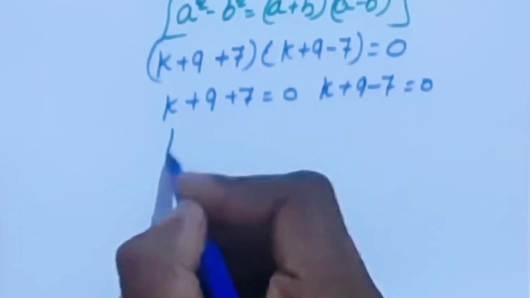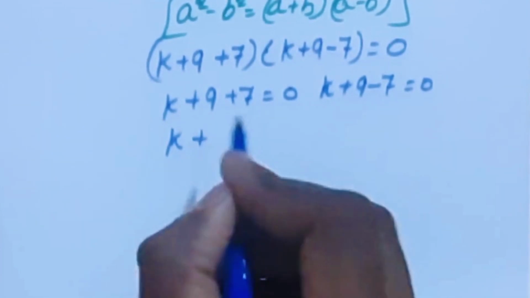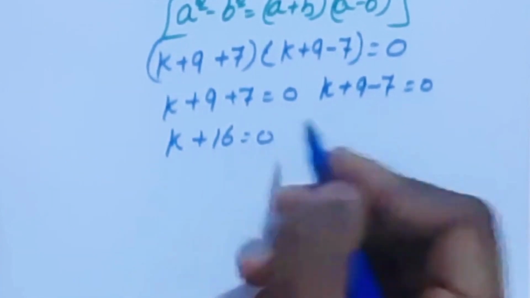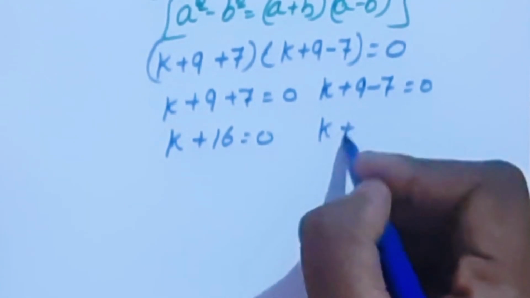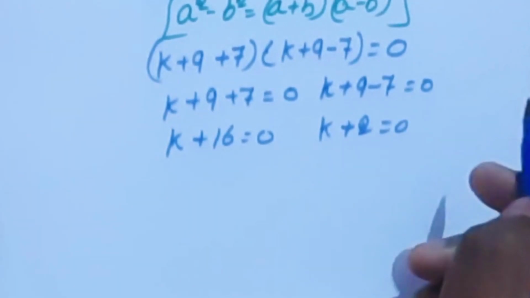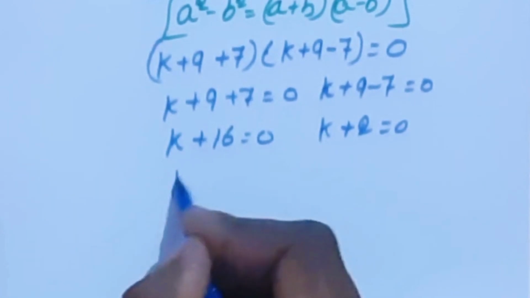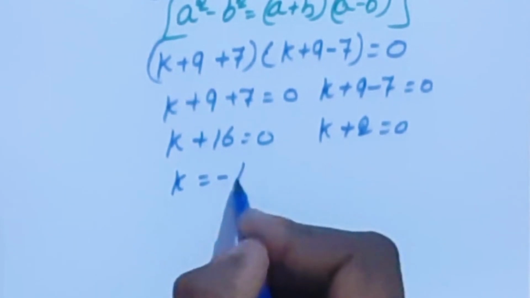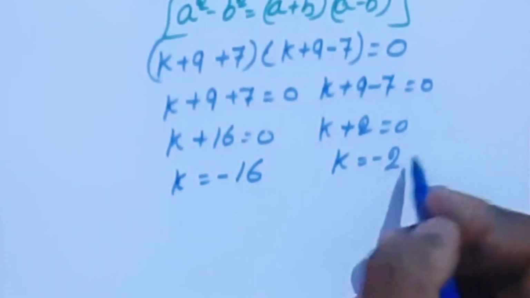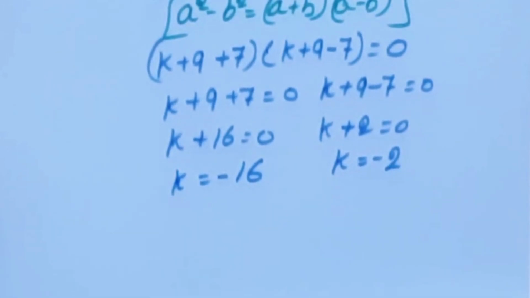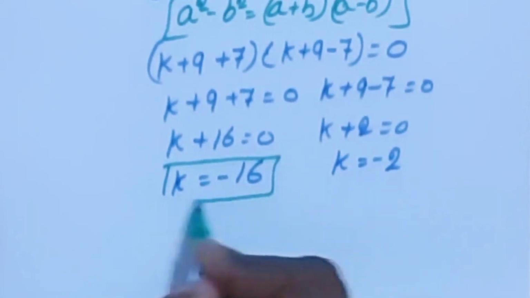Here k + 16 equal to 0, and k + 2 equal to 0. Here k equal to minus 16, and k equal to minus 2. This is the same answer in method 2.